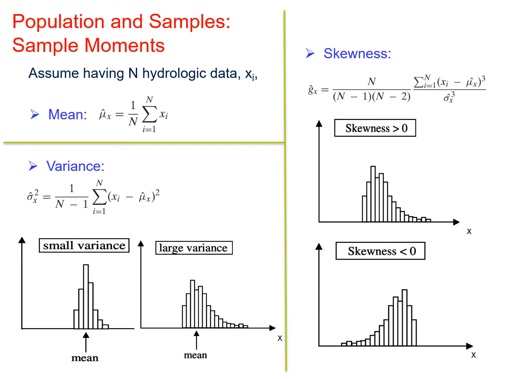Now, the other concept we need to know is population and sample. Population means all the data. For example, if you want to take the average height of Australians, we need to go and take the height of every single person, divide by the number, and then we get the mean.